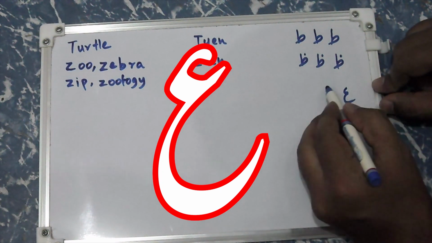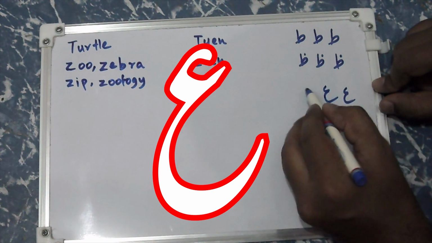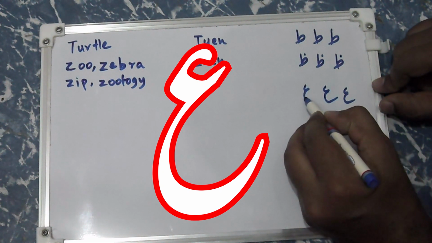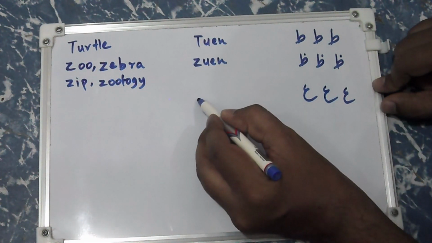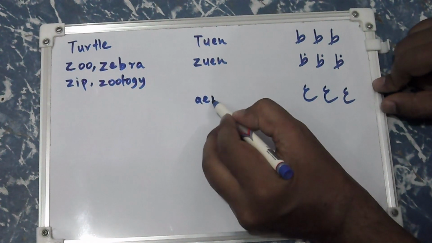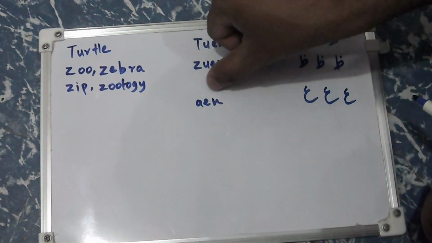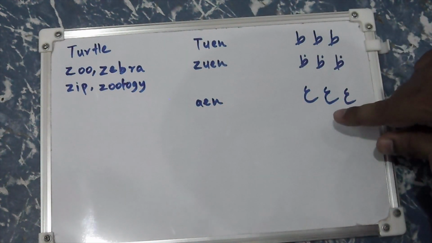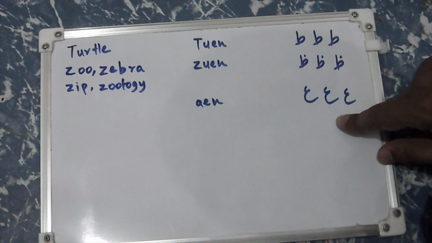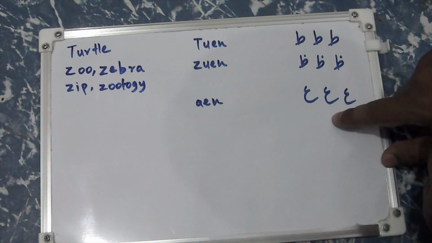Ain. Okay. In English, it is pronounced as Ain. Again, I will say that there is no corresponding word or alphabet in the English language which represents the sound of Ain.